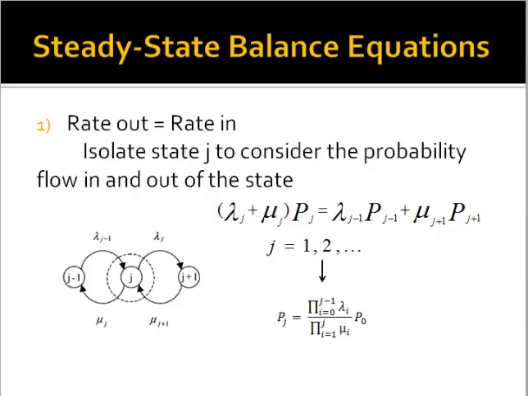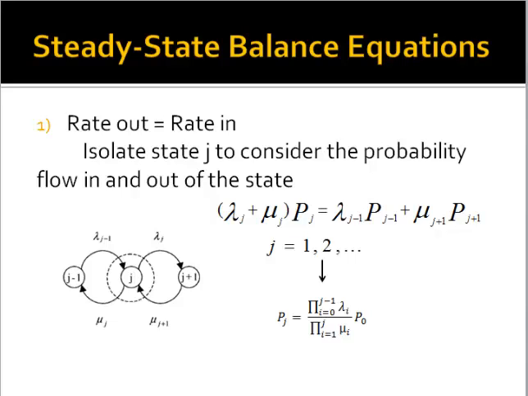There are two other approaches to calculate state probabilities in steady state. They utilize the state transition diagram shown earlier. The first is by isolating a particular state and setting the rates into that state equal to the rates out of that state. In this case, for state j, the rates in would be lambda j minus 1 and mu j plus 1.